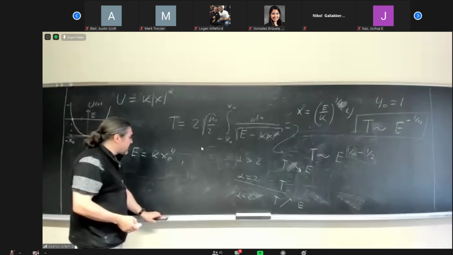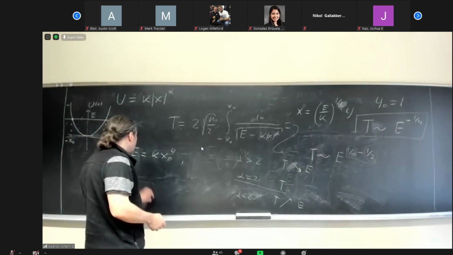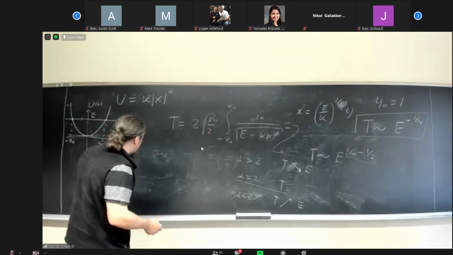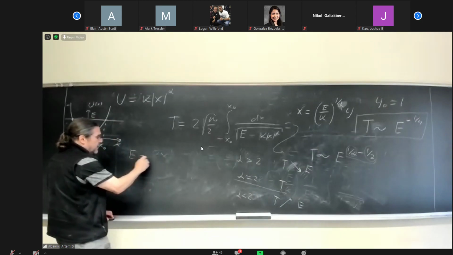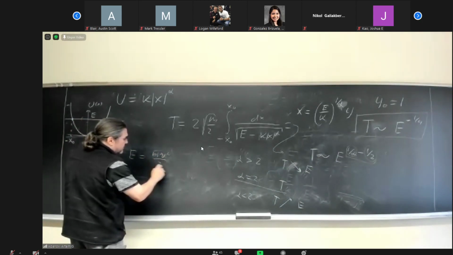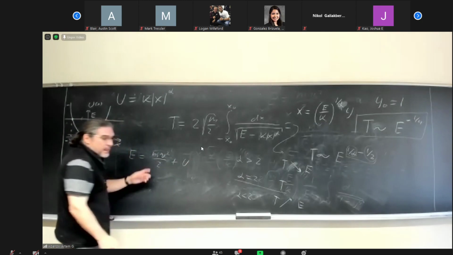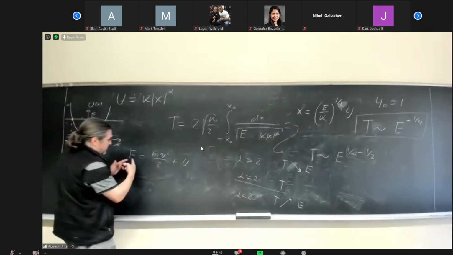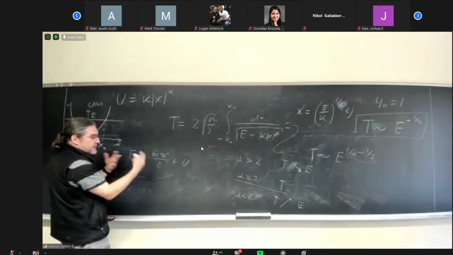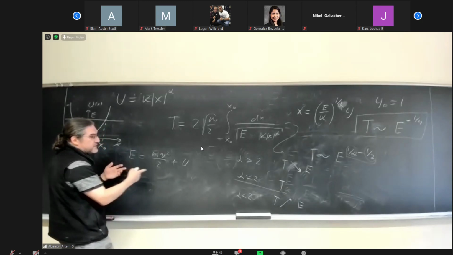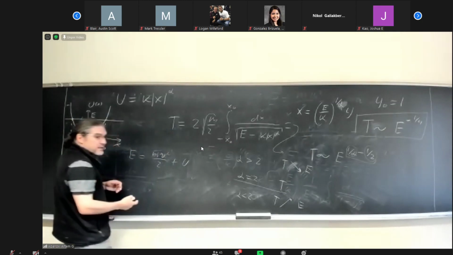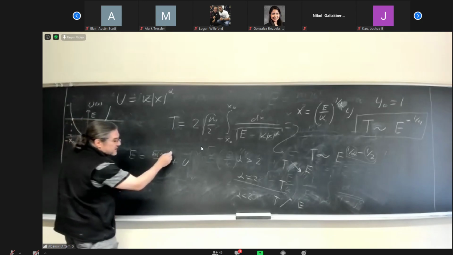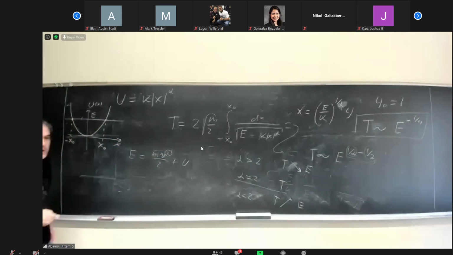It came from the fact that your total energy equals mv squared over 2 plus U, right? So remember what we did, we took U, pulled it over here, and then took the square root. That's the square root which is here. That square root we have taken because there is a power of 2.